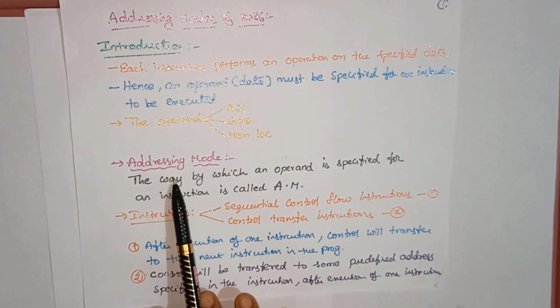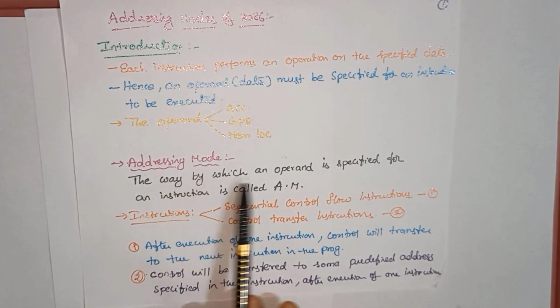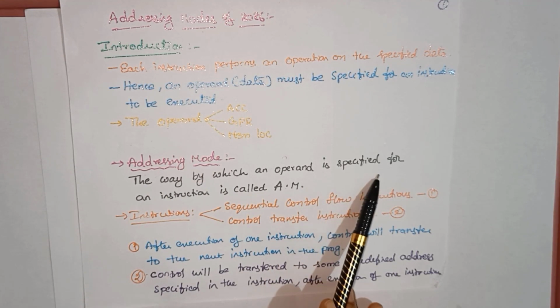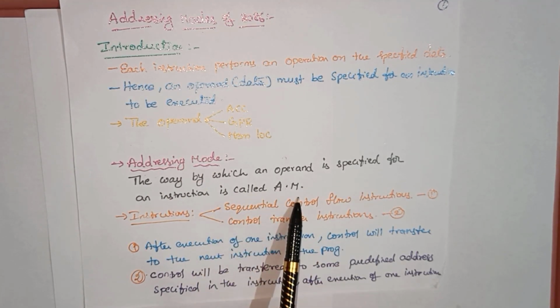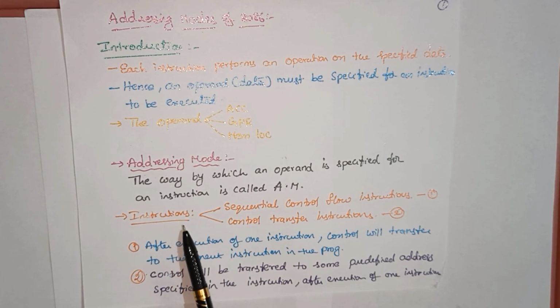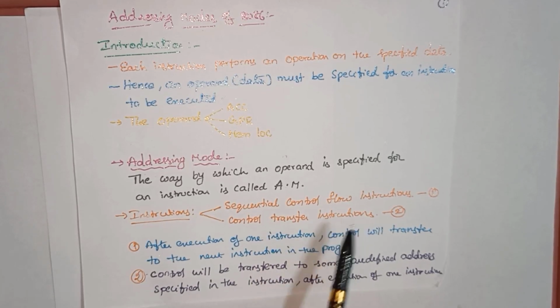Coming to addressing mode. The definition of addressing mode is the way by which an operand is specified for an instruction is called addressing mode. Basically, instructions are categorized into sequential control flow instructions and control transfer instructions.